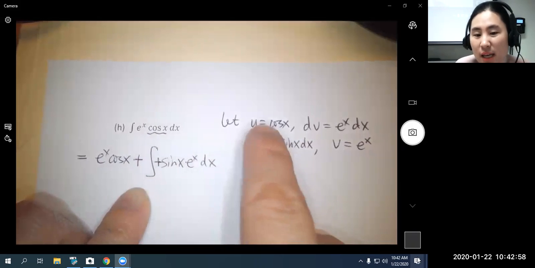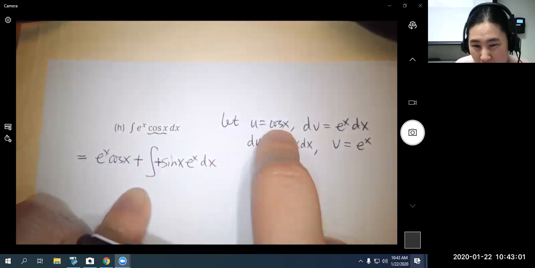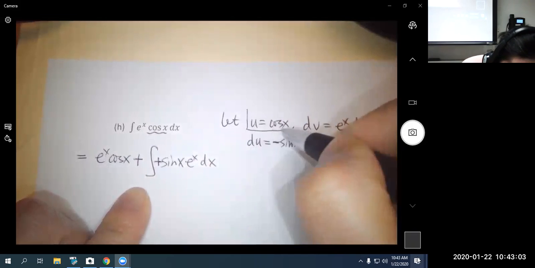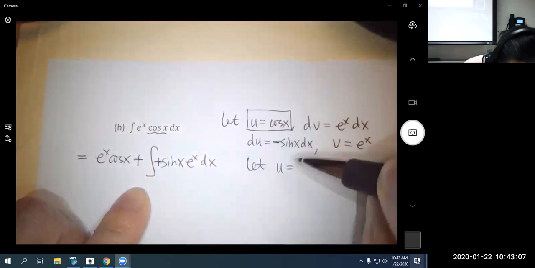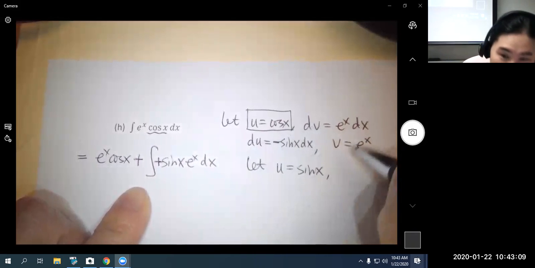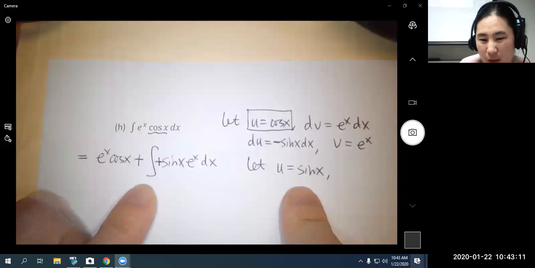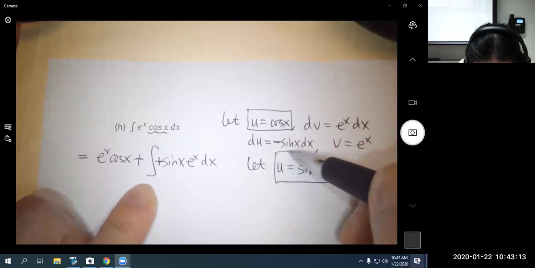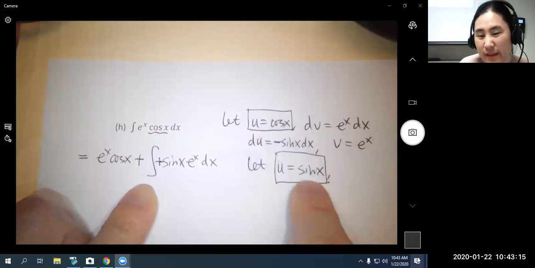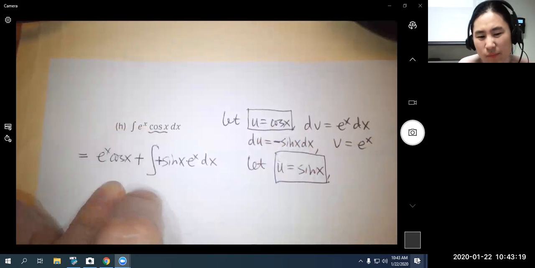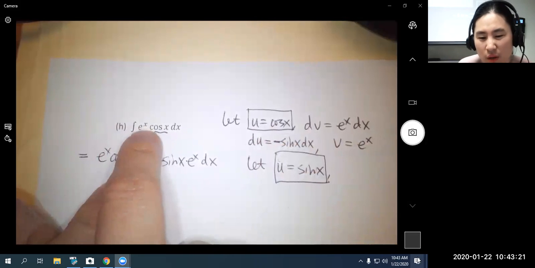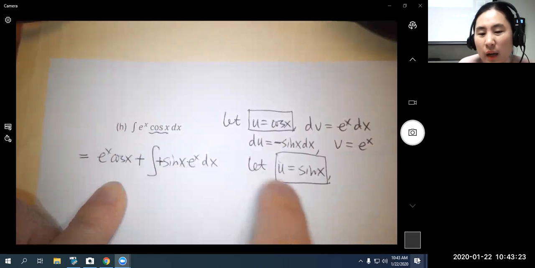Okay, so if we let u be our trig function, to be consistent, we have to let u equal sin of x. u is the trig function. Later, if you want to try letting u equal e to the x, then you have to let e to the x be u again to be consistent.